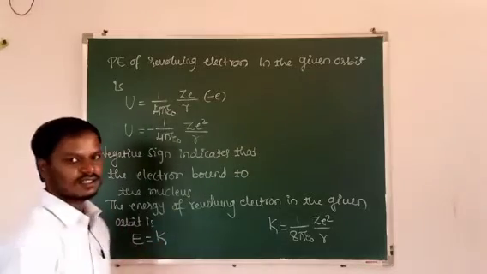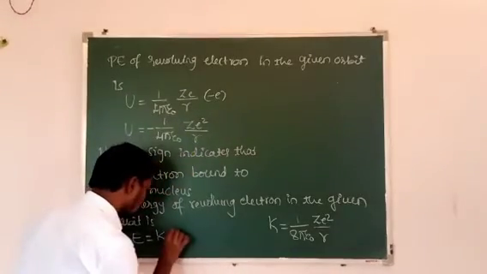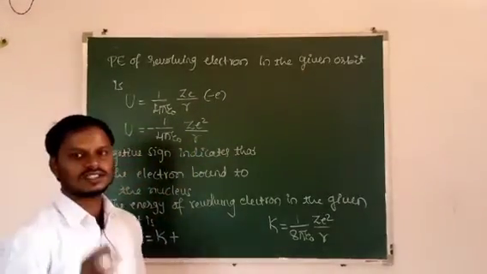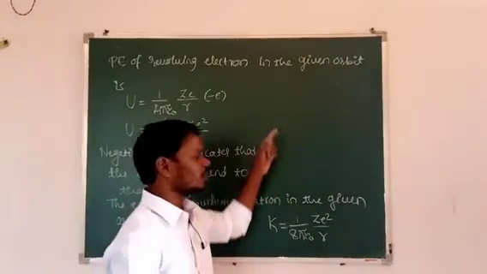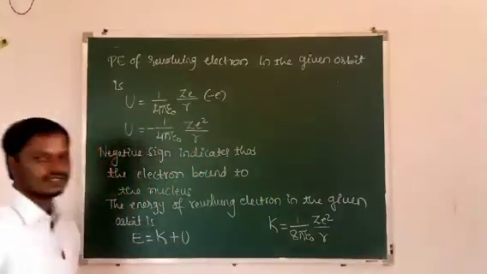So why there is a kinetic energy? Due to the orbital motion of the electron, plus potential energy of the electron. Why there is a potential energy? Because the electron bound to the nucleus. So that is U, K plus U.